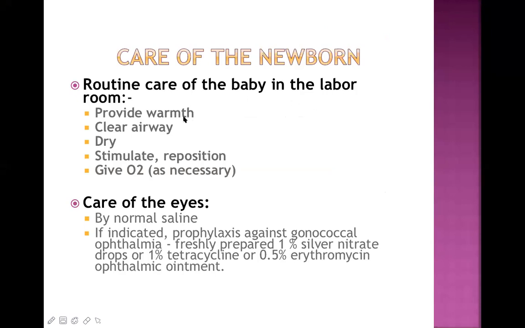Have a look here. Provide warmth, a very, very important one. Now, immediately after I get the baby, for example, when you as a pediatrician or as a doctor are called in the delivery room, there are two important ways of delivery. One is normal delivery or vaginal delivery, we say, another is cesarean section. Now, after they get the baby out, they will hand over the baby to you. So it is your responsibility now.